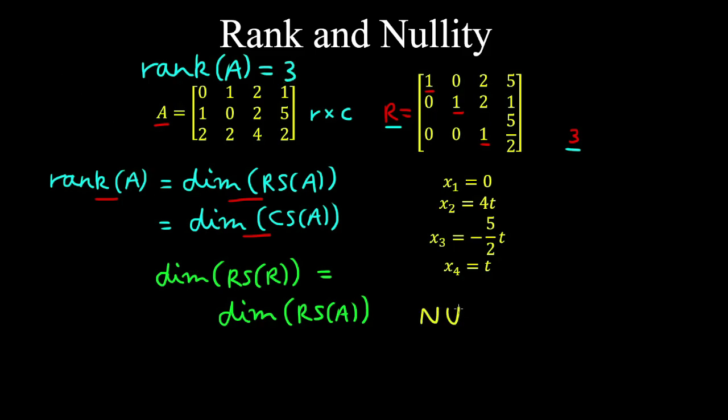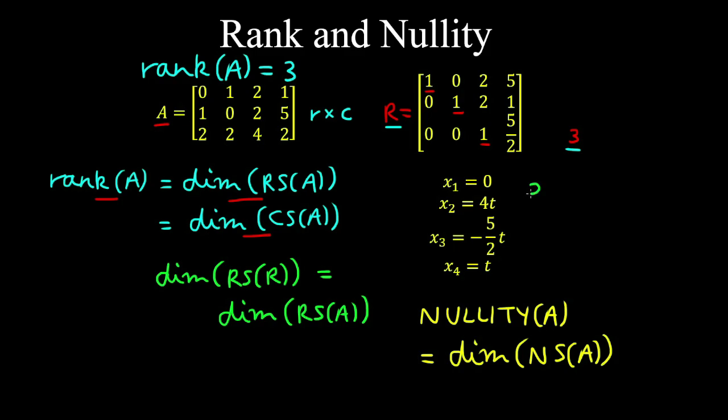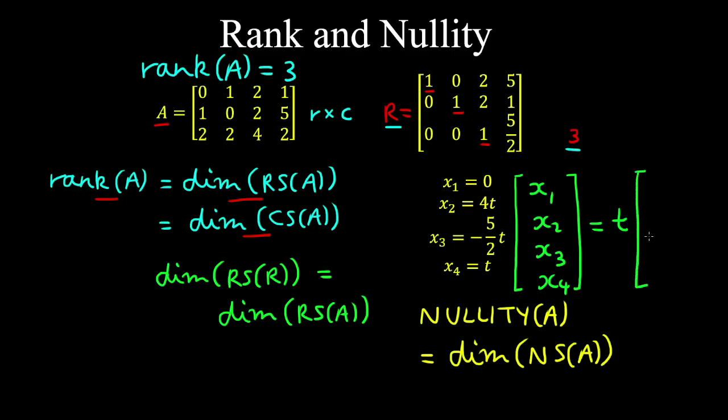Now the nullity of matrix A is equal to the dimension of the null space of A. So recall that we wrote the solution vector is equal to some parameter, being a real number, multiplied by the basis vector, which we obtained by row reduction.